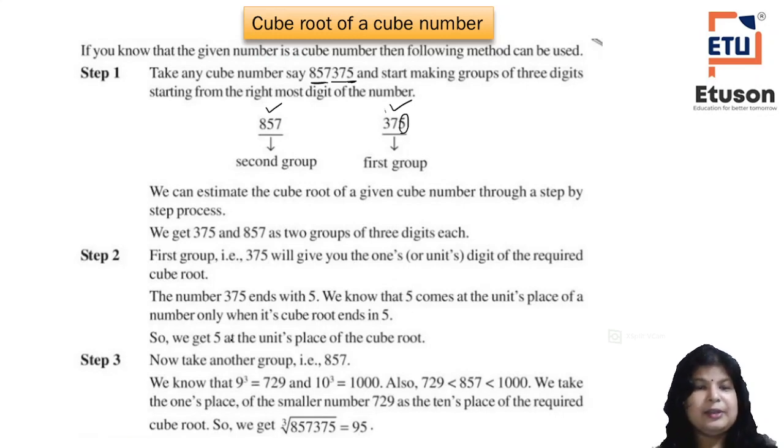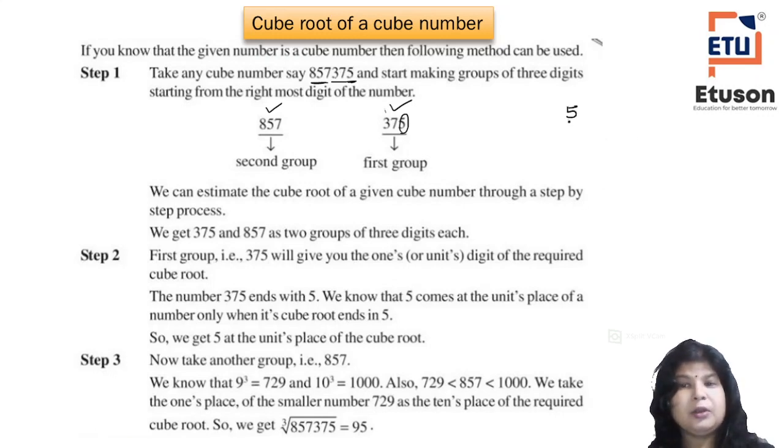So we get 5 at the units place of the cube root.